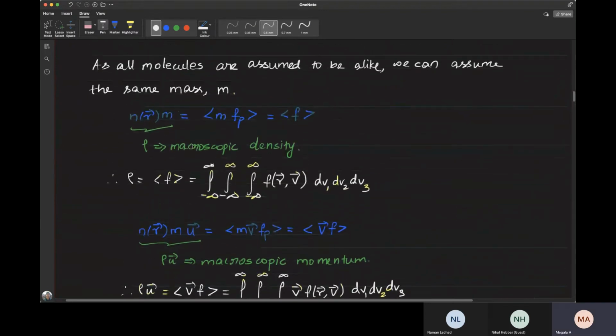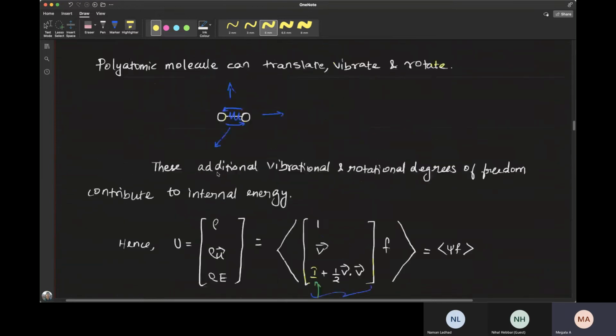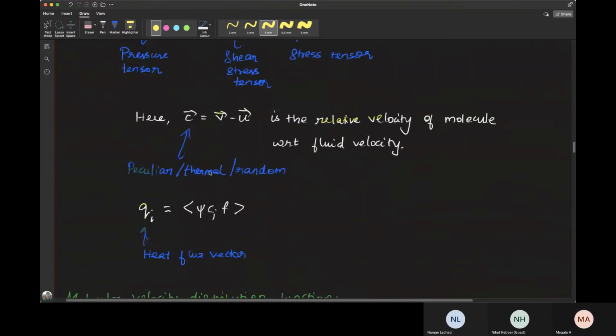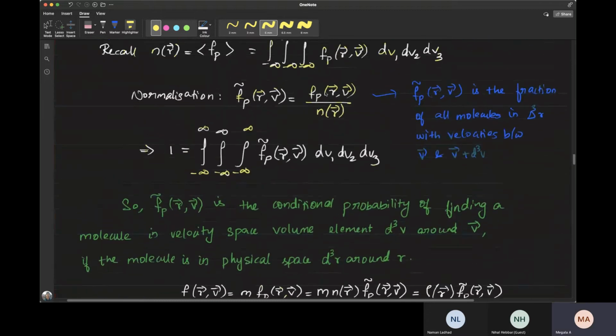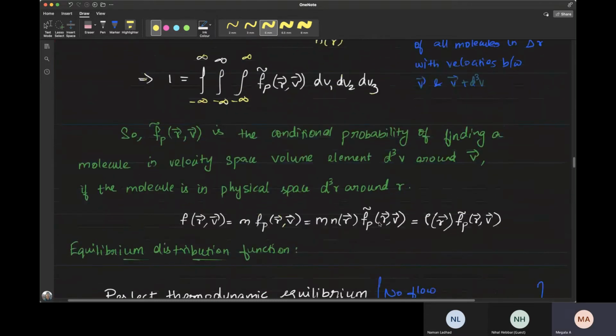In the definition of macroscopic densities, here we have defined F to be equal to MFP. And Fp now is defined as Fp tilde into n of r. So we have m n of r into Fp tilde of r vector comma v vector. So m into n of r is rho of r vector, and into this quantity.